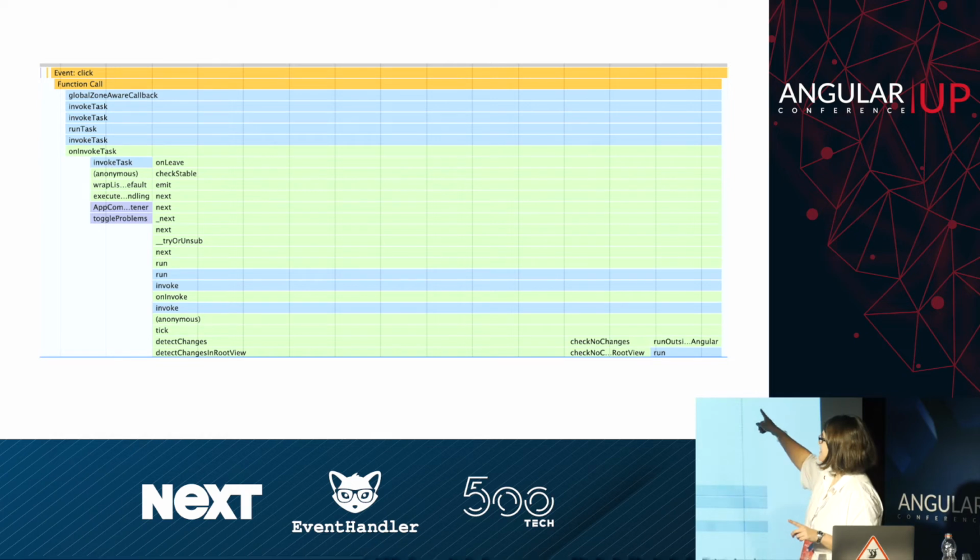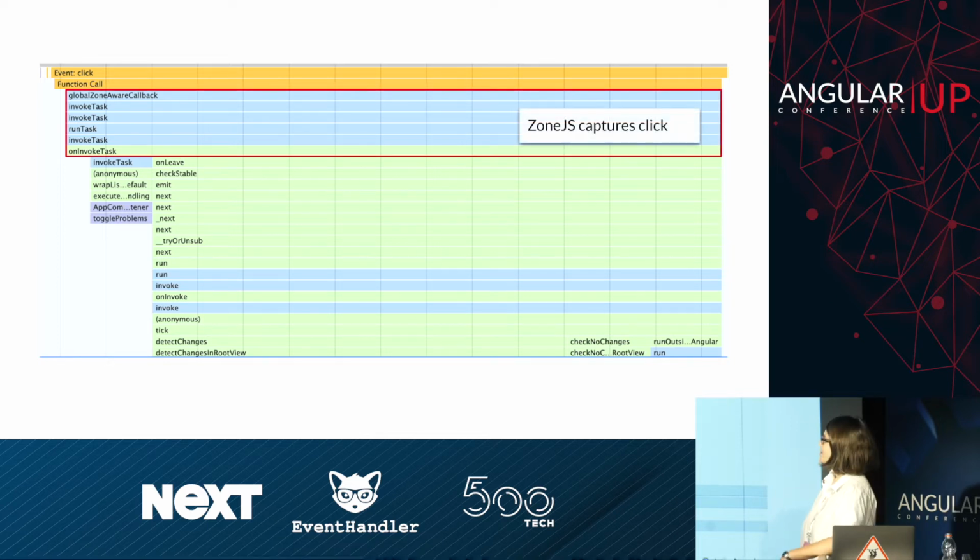Small remark: you see something is blue, something is green, and it means that these methods were located in different JavaScript files. You remember that Angular builds a few bundles, so here it is. It just indicates that it's from different files. Something blue with the word zone: we're not going to dive into it, but this is how zone handles the click.